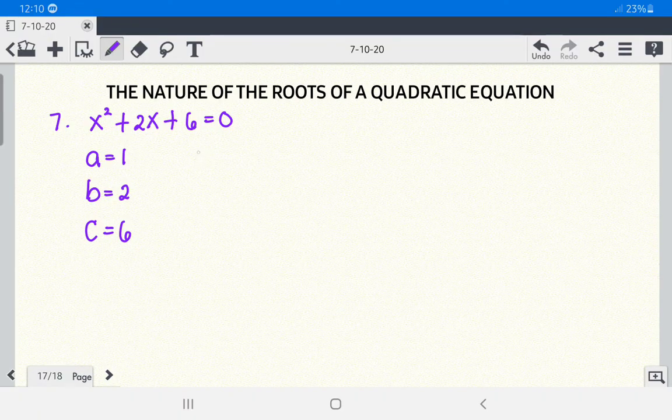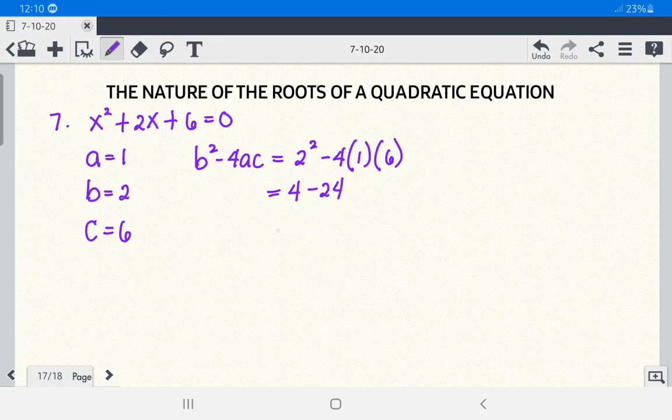Now, using the formula, we have b squared minus 4ac. So, that is, b is 2, square it, then minus 4 times the value of a, which is 1, the value of c is 6, then we have 2 squared, we have 4. Negative 4 times 1, we have negative 4 times 6, we have negative 24.